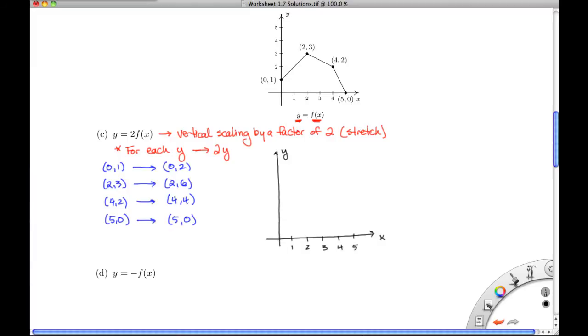So 1, 2, 5, and 6. And let's just drop these points on there and connect the dots. So we've got 0, 2. We've got 2 all the way up here to 6. We've got 4, 4, right about here, and then 5, 0 stays planted on the x-axis. And then we just connect this all up.